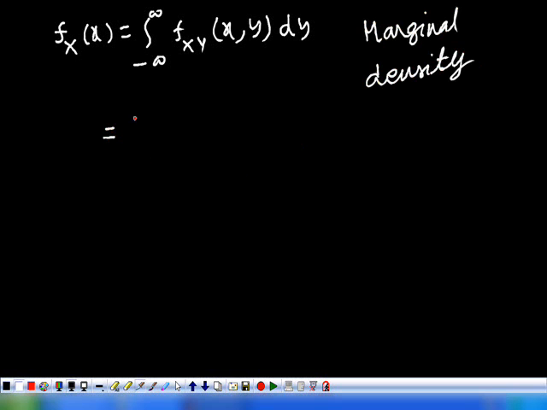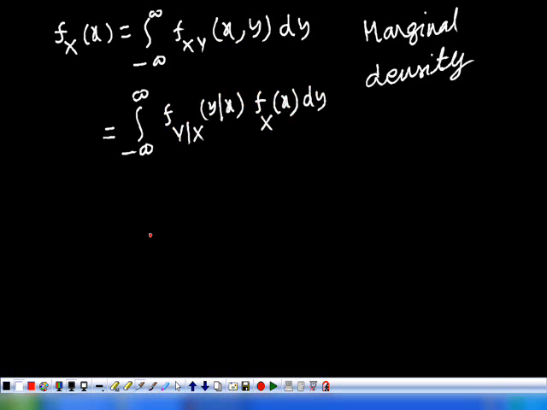So from this you can write the integral from minus infinity to plus infinity. See, from the previous equation, what is fxy of x comma y? That can be written as fy given x, y given x, into fx of x, dy. Is it right?